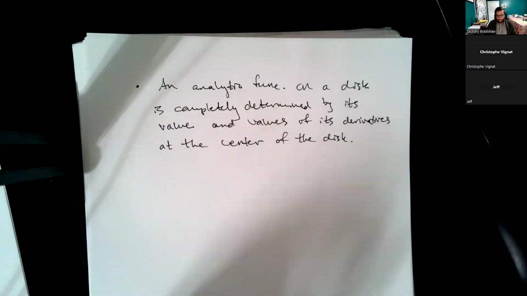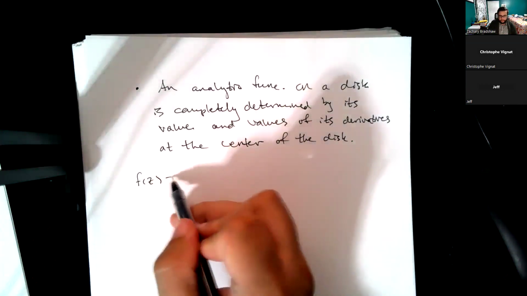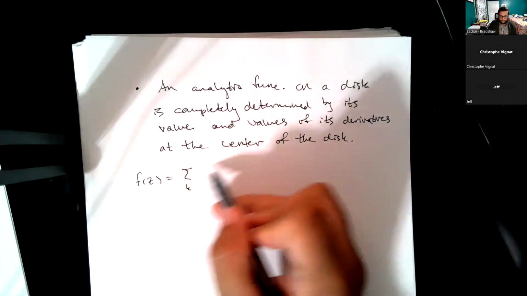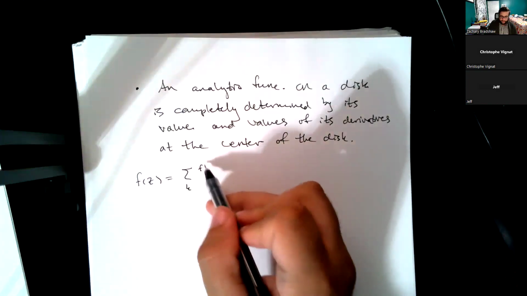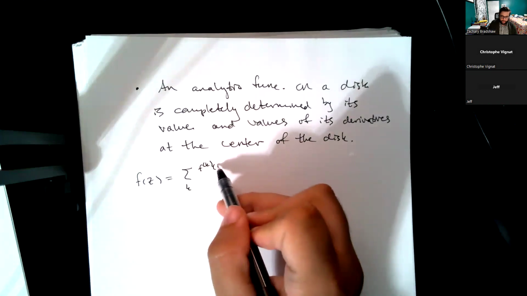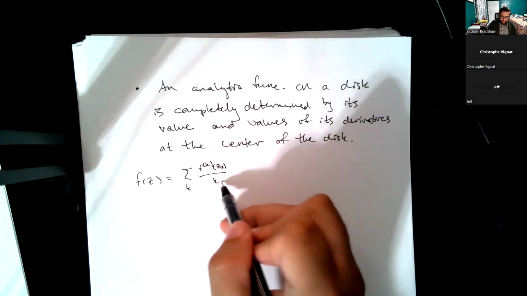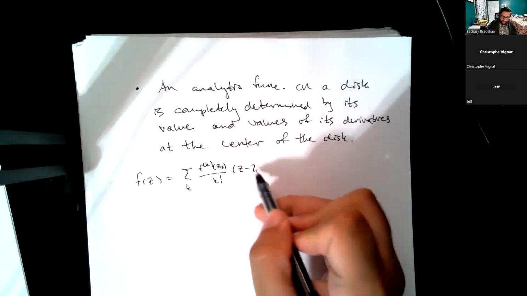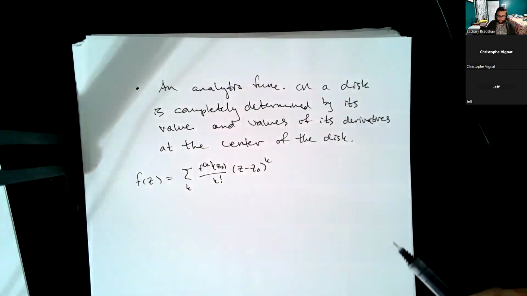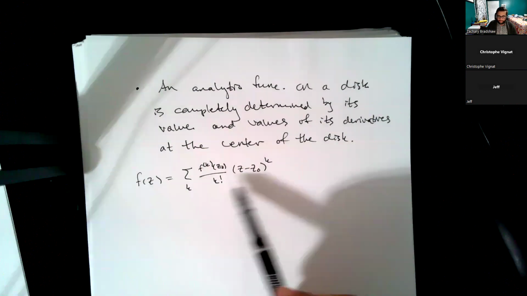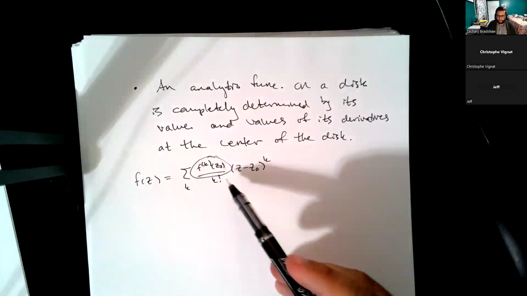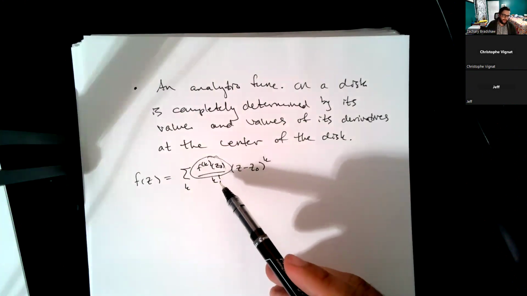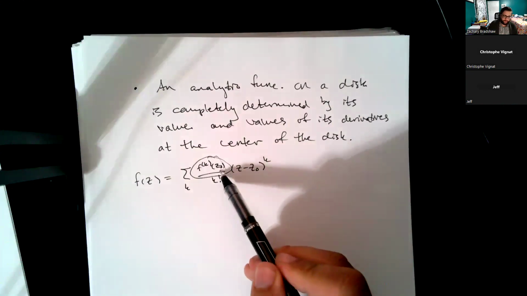Right, so if I have an analytic function f, it can be written as a power series where the coefficients a_k are f^(k)(z0) over k factorial, times (z minus z0) to the k. So what determines this guy? Well, it's the value of each of these things. And what are those? Well, it's just the value of the function and its derivatives at the center of the disk.